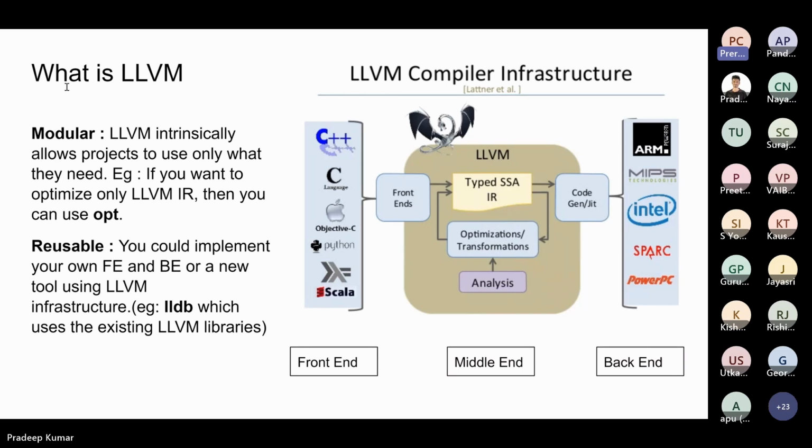And since there are different skills required in each of these phases, dividing the compiler into three such phases has enabled better code generation in general. I'll pause here for a moment and let others speak. If you have any questions, please ask.